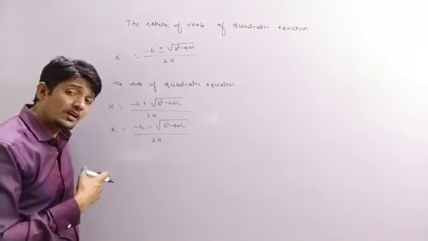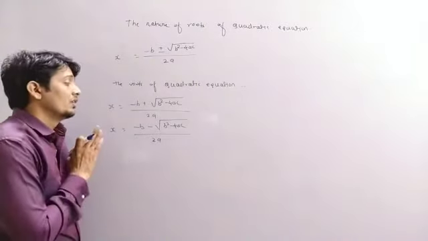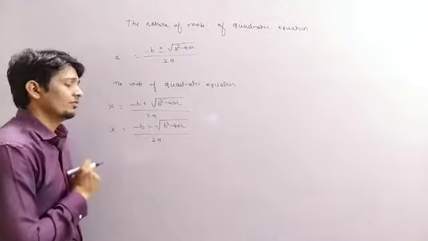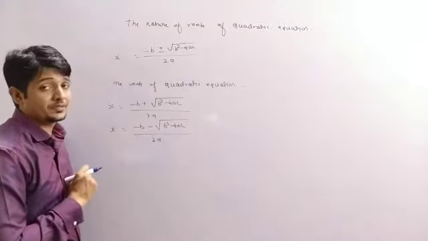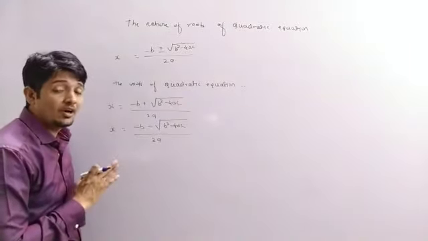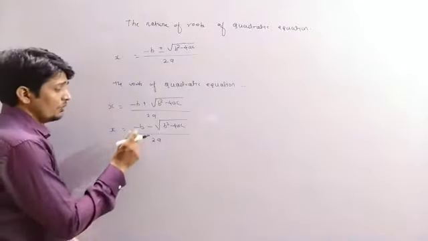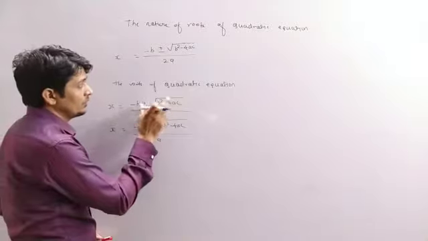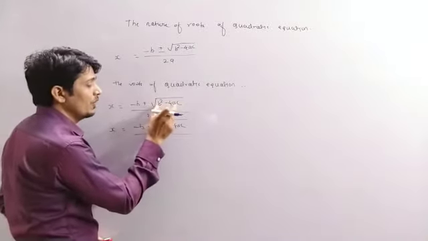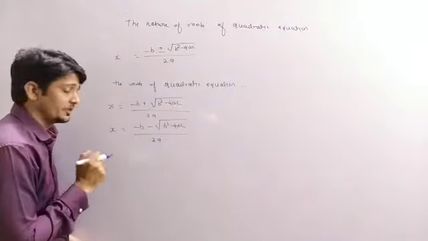Now we have to understand what the nature of the roots of the quadratic equation is, whether they are real, equal or not real. We have to understand this nature on the basis of the value of b square minus 4ac.